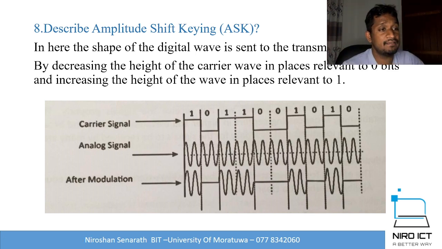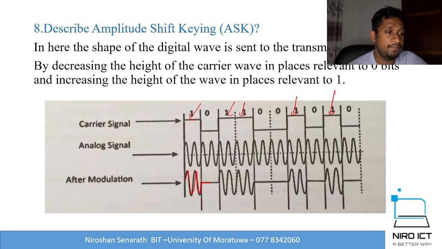Then you can see some places. This is equal to 1, this is equal to 1, this is equal to 1, this is equal to 1, and this is equal to 1. We have the analog signal like this. By mixing those two signals, if you find the places which are equal to 1, then you have to increase the height of the signal.